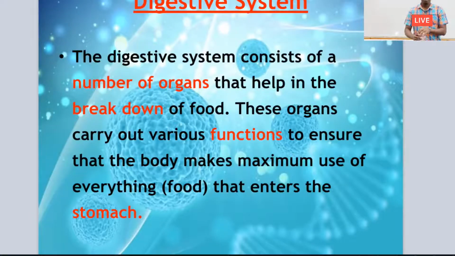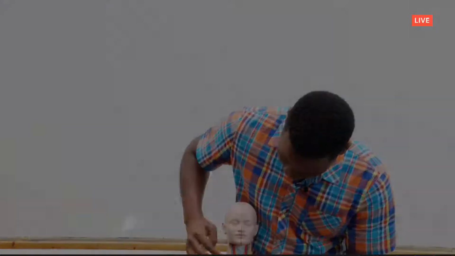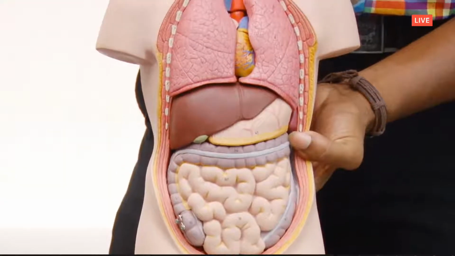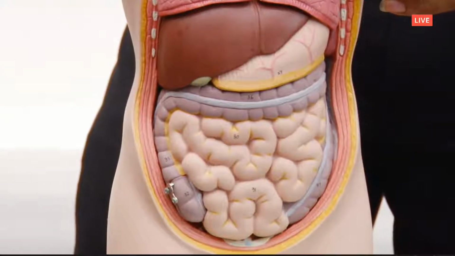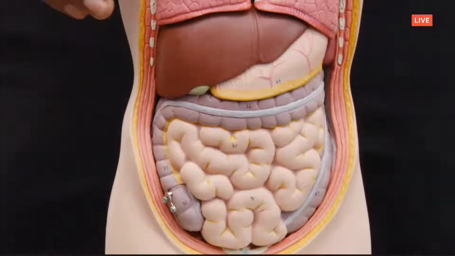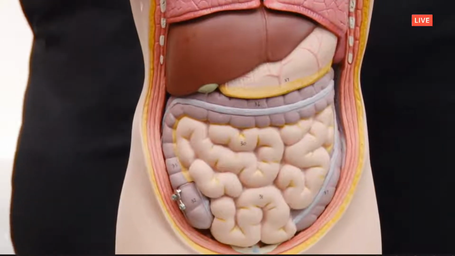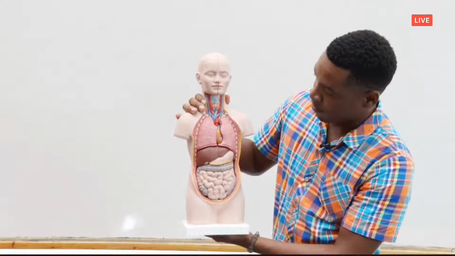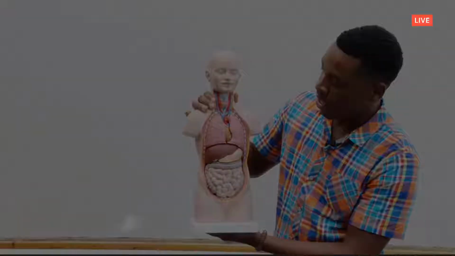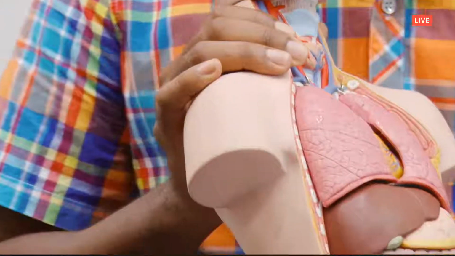Now, the digestive system, let's take a closer look at it, and we'll take each part by itself. The digestive system consists of a number of organs, and if you look carefully here, you will see them there. These organs help with the breaking down of food.